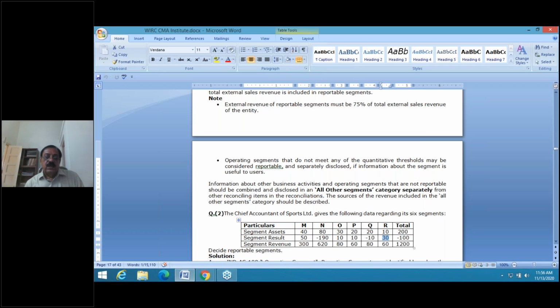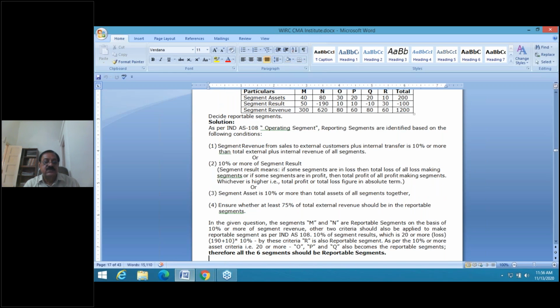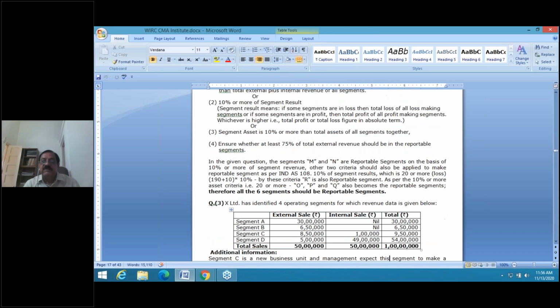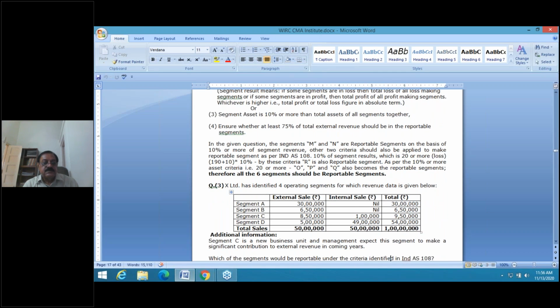Then O, P, Q come under the assets. So that way, all are reportable segments. MNR, first MN, then MNR, and then MNOPQ. That way, all 6 segments is your answer. So I think everybody is following this.